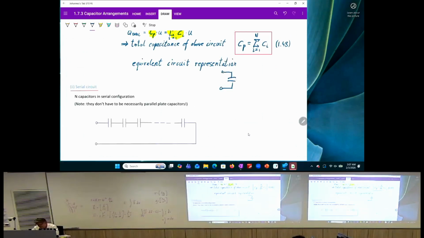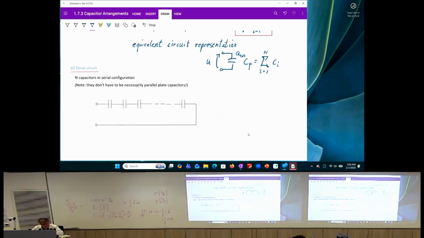It's down a bit. So you have your ports here, you have the voltage applied, and you have your total charge here on that capacitor. And this capacitor is now called Cp, and it's the sum of the individual capacitors that we had in the original problem. So you have a new equivalent circuit.